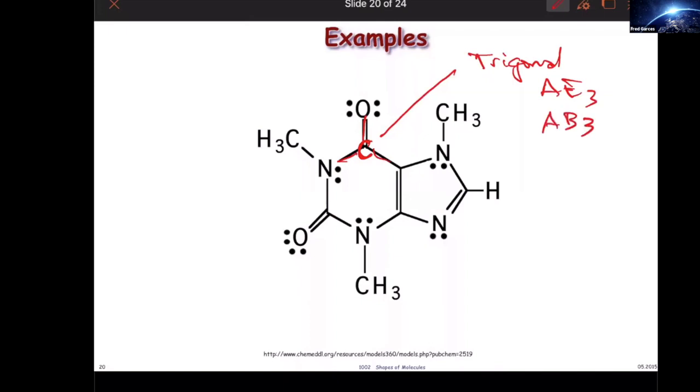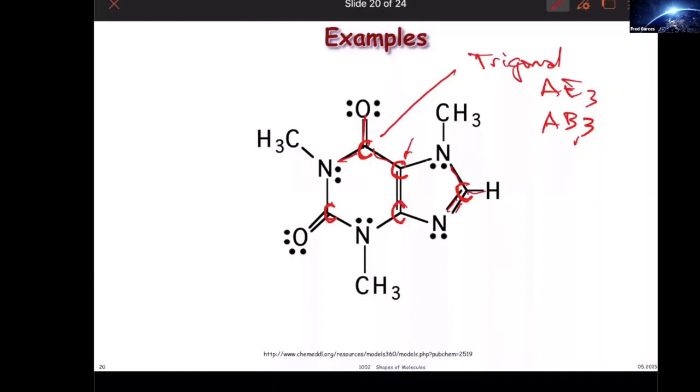Likewise, this carbon is trigonal planar, and this one, and this one, and this one. All those carbons are trigonal planar because they all have 3 regions of electron density, and at the end of those 3 regions there are bonded atoms.